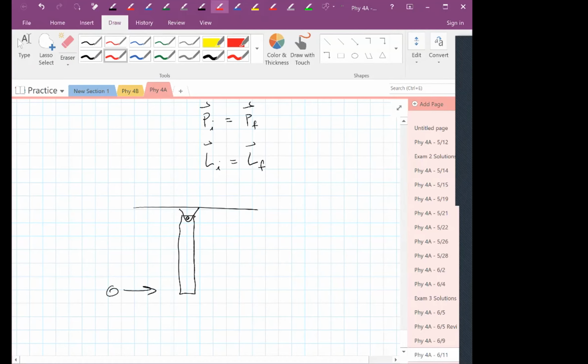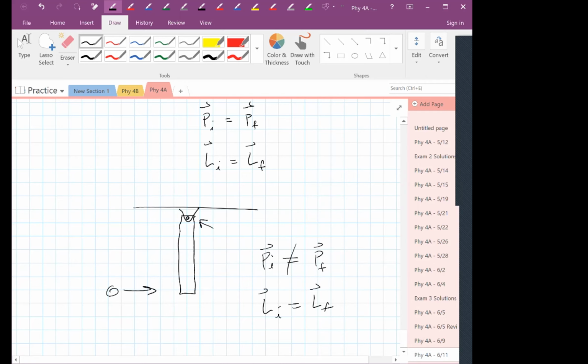It's letting it swing a little bit, right? But it's not letting it really move to the right. So in this case, we cannot use linear momentum, but we can use angular momentum because it's free to rotate about that point.